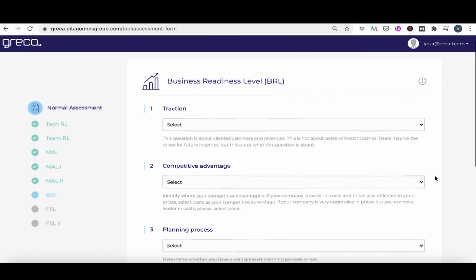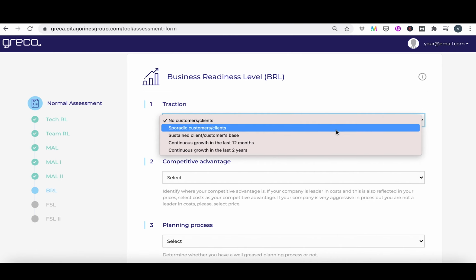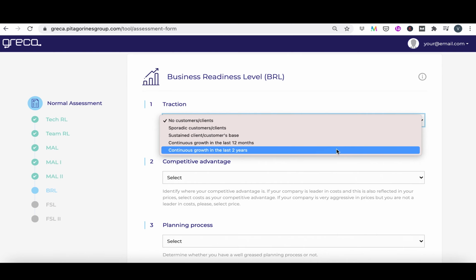We now move on to the business readiness level, which will determine the state of maturity of our project or company. We will start by indicating whether we are already generating traction in the market and its evolution.